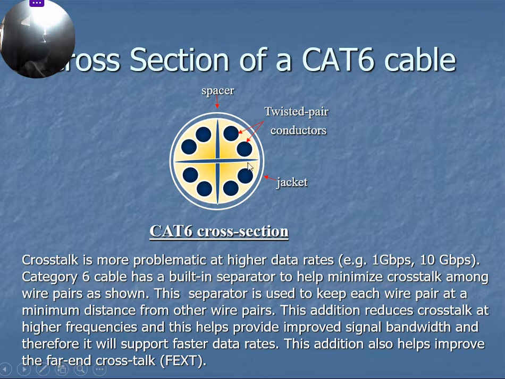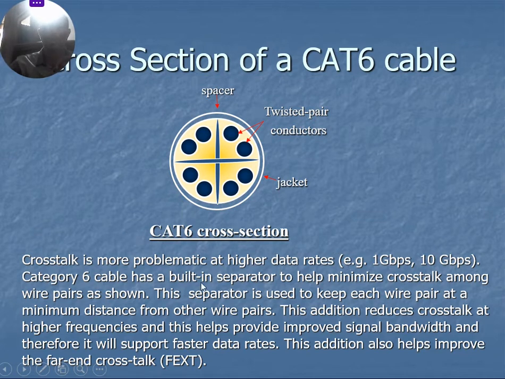So to avert this, we introduce separators. The separators prevent voltage from being induced here, and that brings about a total improvement in the use of these cables for networking. Crosstalk is more problematic at a higher data rate. The higher the data rate, the more the crosstalk. So we need to do something.